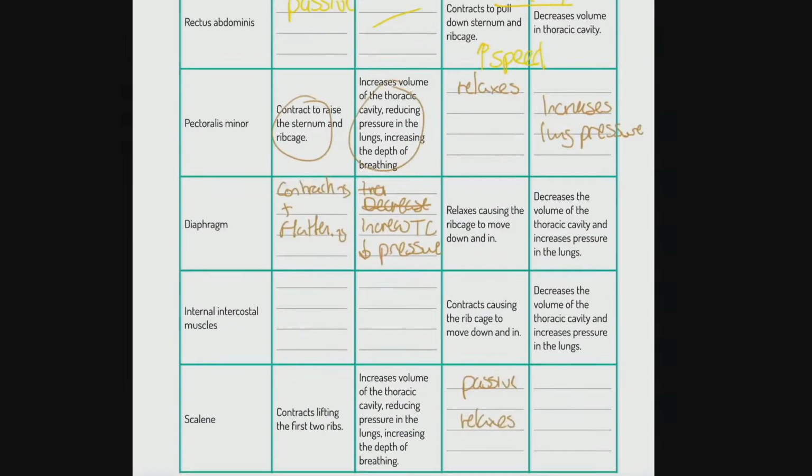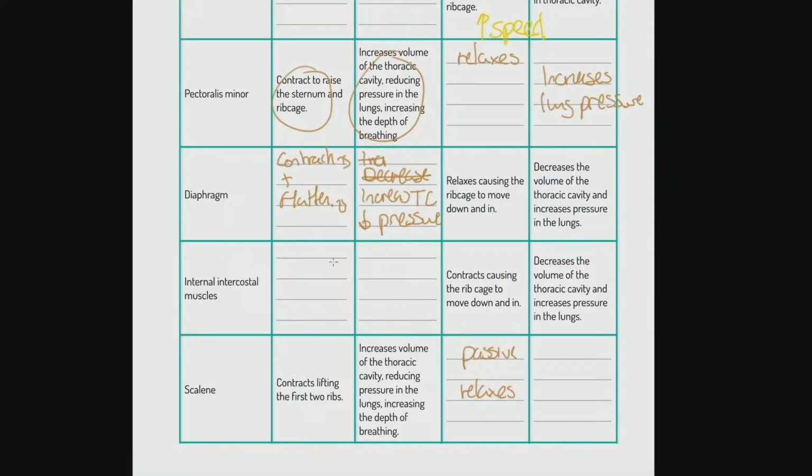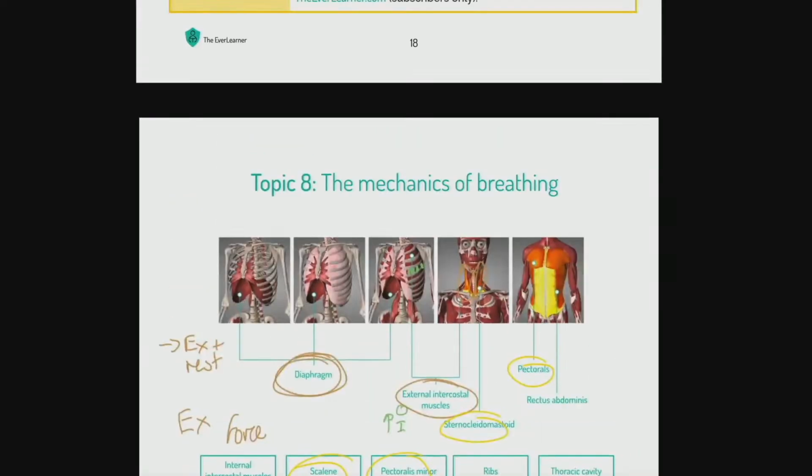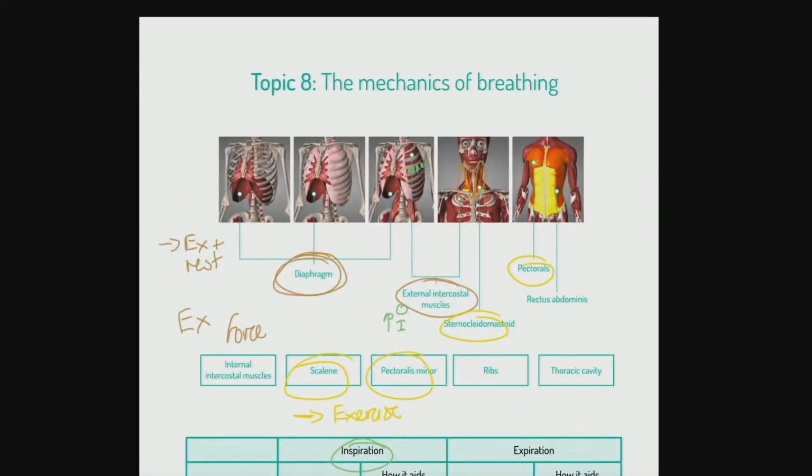Now, one of the muscles that does exactly the same thing is our internal intercostals. They are passive during breathing in, but if I just go back up here, this time, we can't see the internal intercostals. They're just on the inside of here, but what would happen here is that your internal intercostal muscles have their insertion at the top and their origin at the bottom, so when they pull downwards, okay?